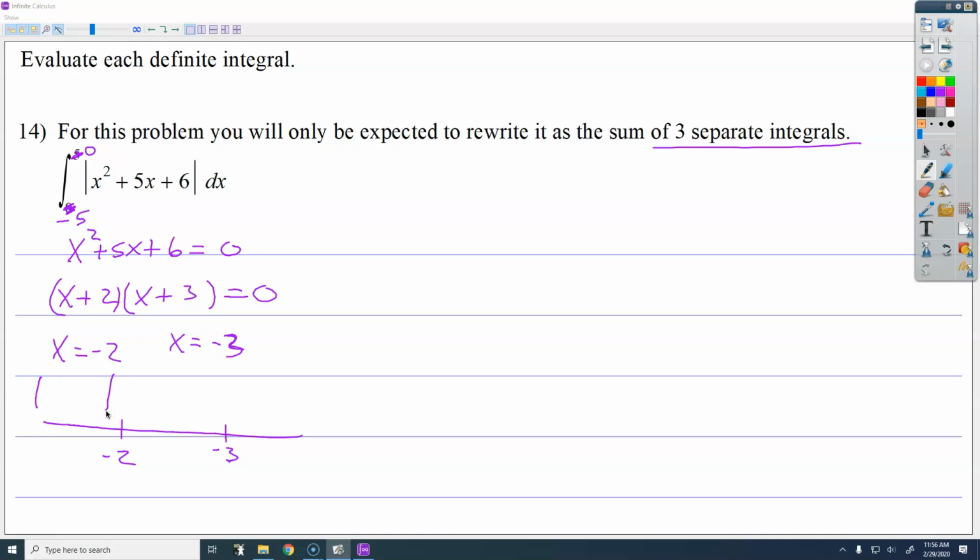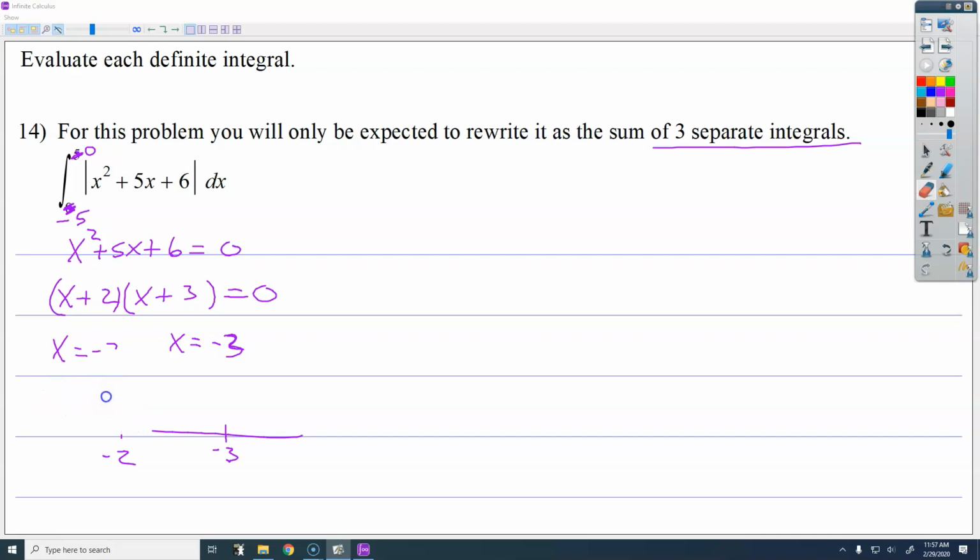If we plug in, like, let's say a -3. So we have 9 take away 15. Oh, I'm being silly actually. Let me back up a little bit.